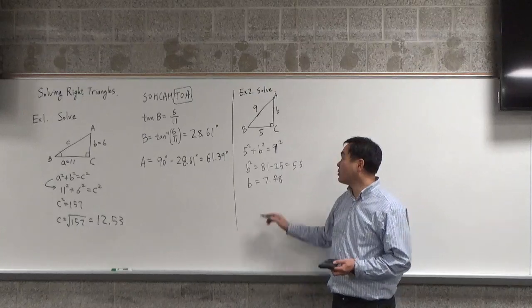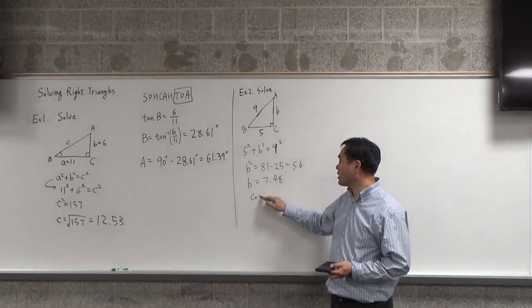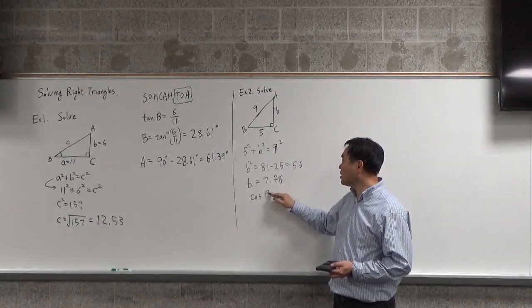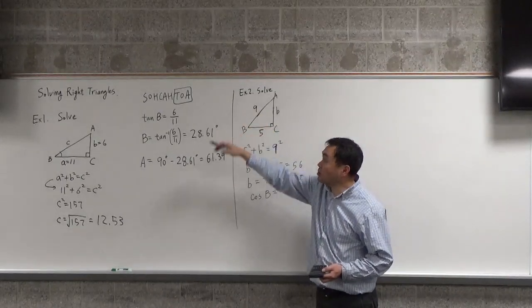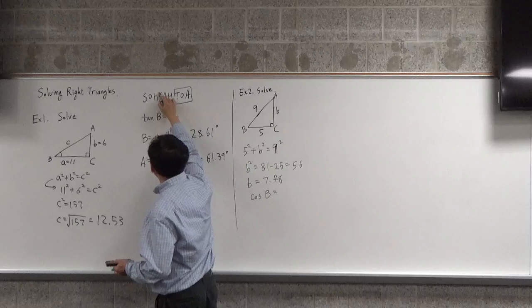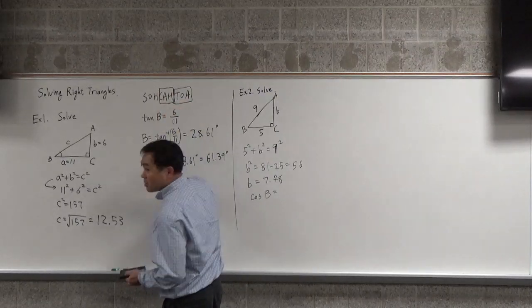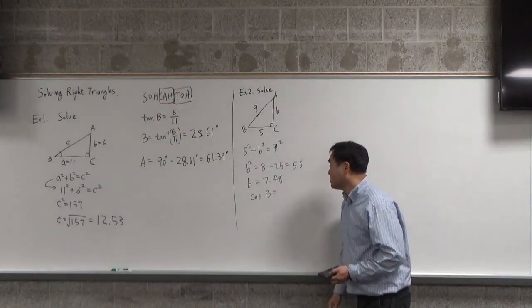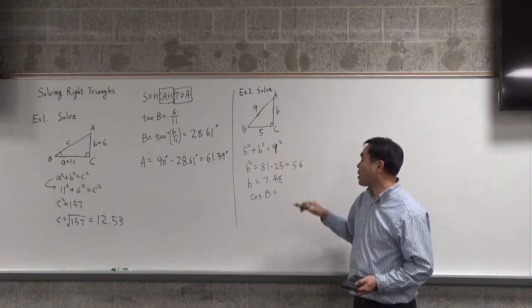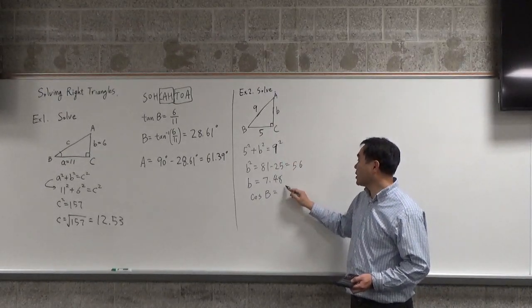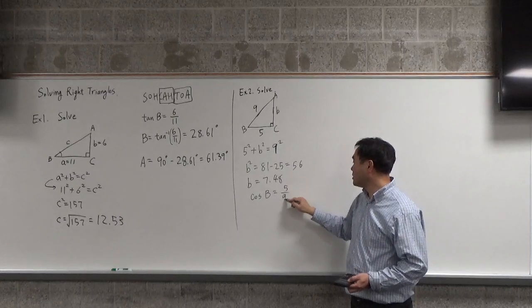Cosine. Right, this time it's cosine of angle B, because this is adjacent, this is hypotenuse. And among SOHCAHTOA, CAH is the one that relates angle B and the adjacent side A and the hypotenuse H. So you have 5 over 9.